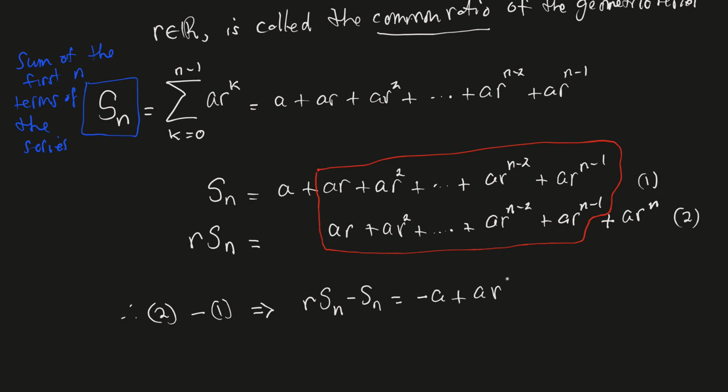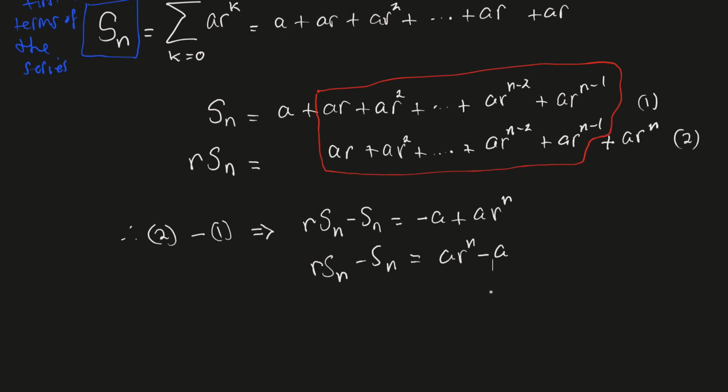All right. Okay, so we have this, right? And then I can rewrite this. So I have r times S_n minus S_n. I can write this now as a r to the n minus a.